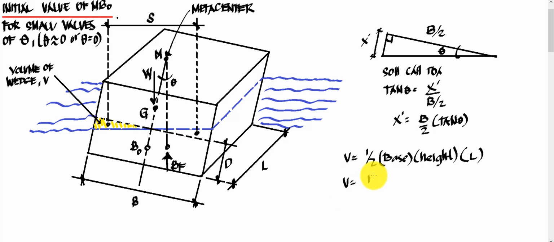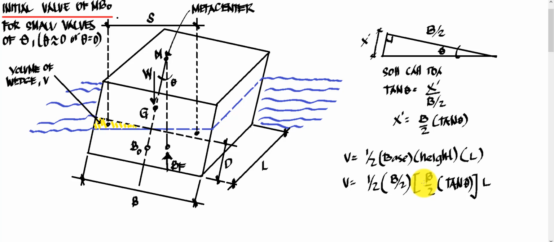Now our volume will be 1/2, then the base, which is B over 2, then the height, which is the x prime, that will be B over 2 times the tangent of theta. I'm going to change this one to a bracket. Then we have the length here. So that gives the volume of the wedge.